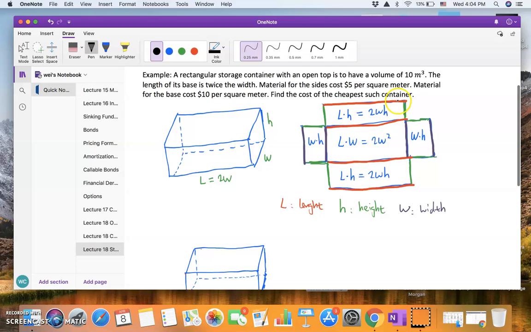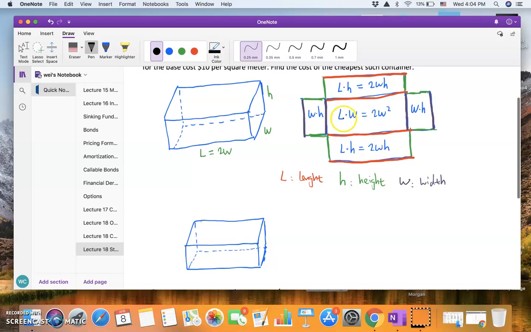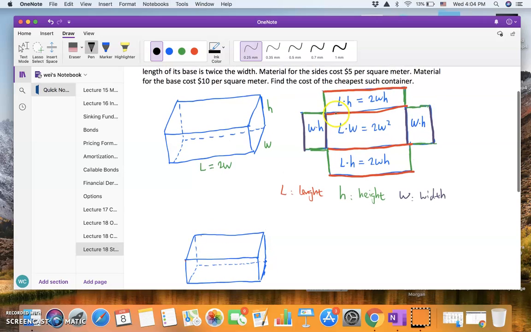The price of the material for the base is $10 per square meter. The area of the base is the length times the width, and because the length is 2W, the area of the base is 2W squared.